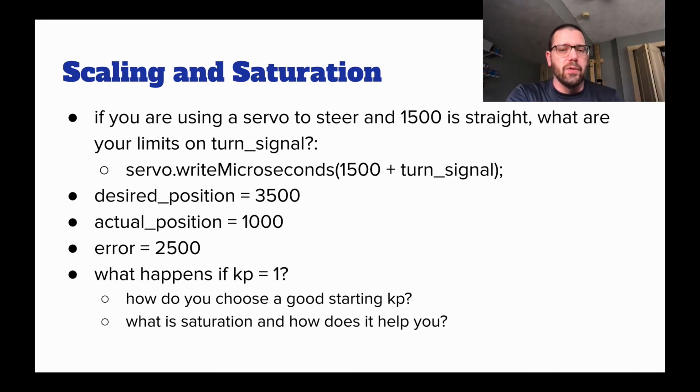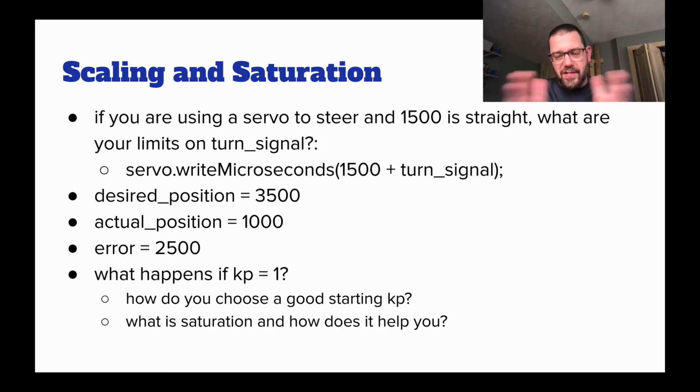Another key issue, there's kind of two parts of this. How do I choose a decent KP, and then how do I make sure I don't have a saturation problem? And we'll define saturation on the next slide. So part of what we're getting at is that your KP is kind of a scaling factor between your sensor and your actuator.